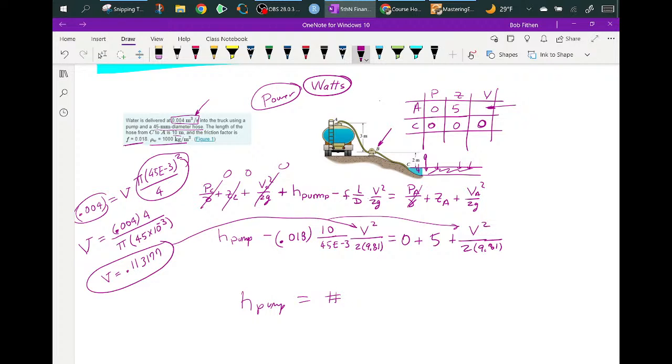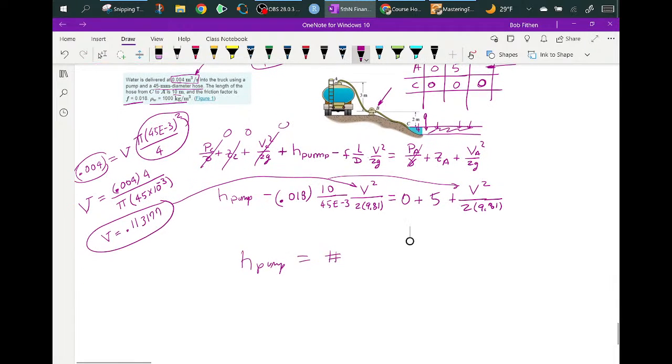But if you want to know the power of the pump, it is going to be equal to gamma times the flow rate times the head, sometimes written as H, but it's the head of the pump, H pump.